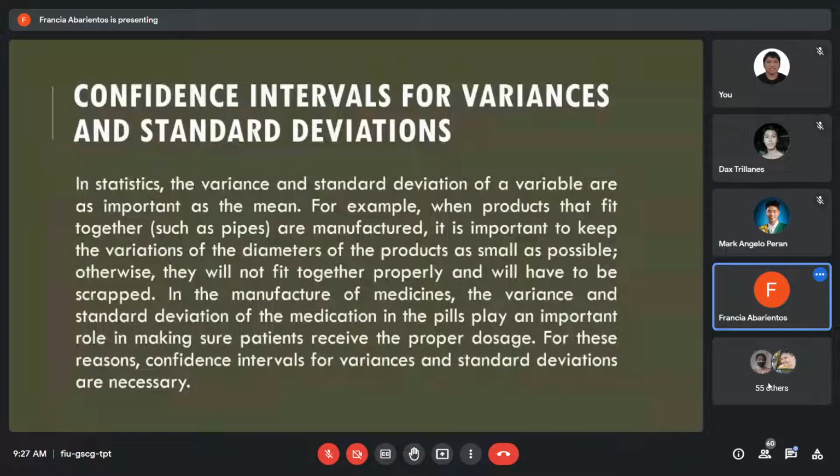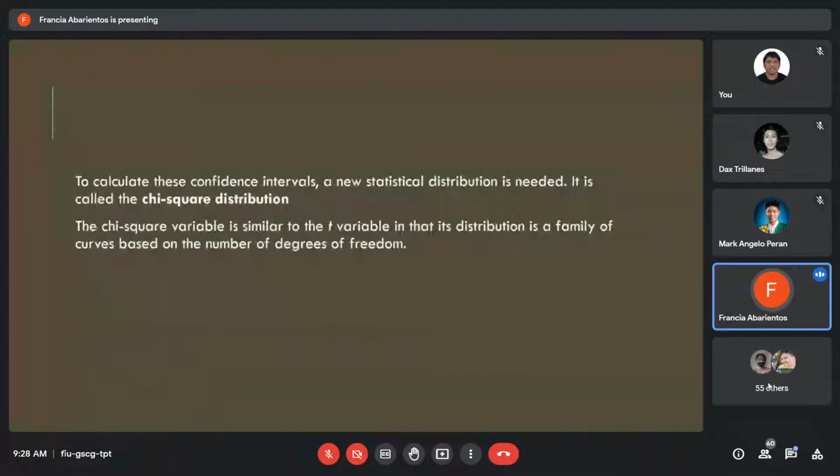Yan. Kaya class may confidence interval for variances and standard deviation. Yan. In calculating daw the confidence intervals, papasok na class si chi-square. Okay? So, si standard deviation and variance.